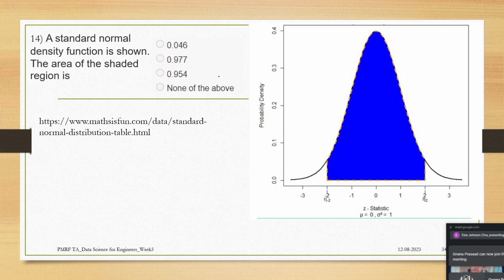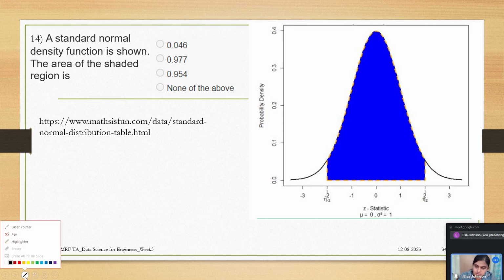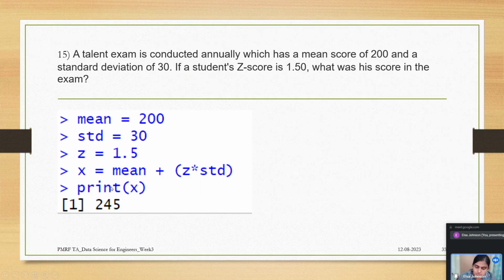Okay. Now a standard normal density function is shown. The area of the shaded region is, okay, so you have to find the area of the shaded region. So in here, I'll just show an interactive thing for this one.